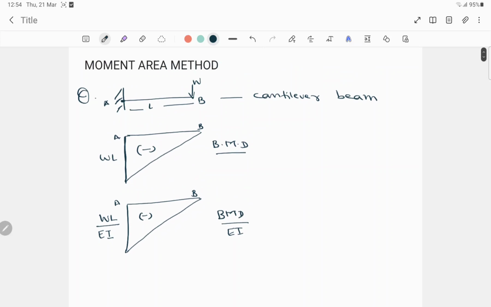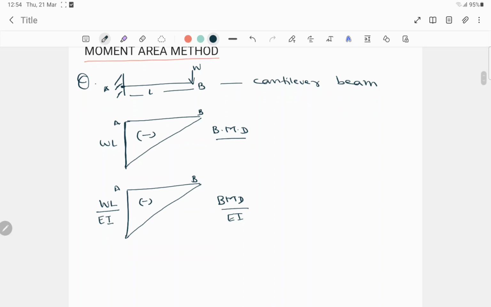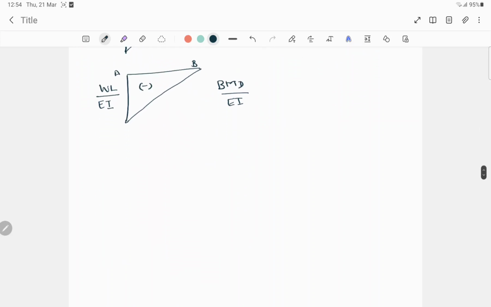Now in the moment area method, we have to find the slope and the deflection. So now let's find the slope. We apply the first theorem.